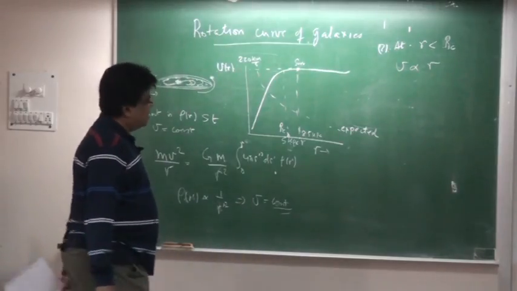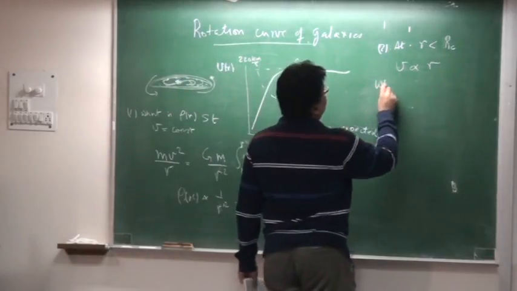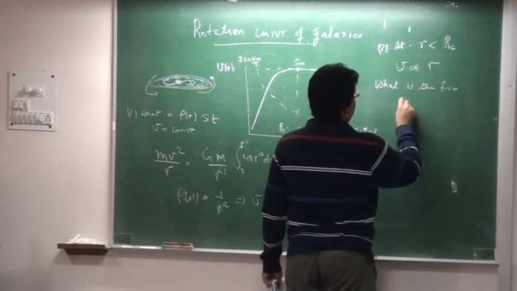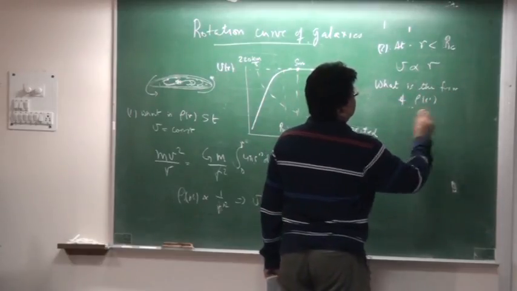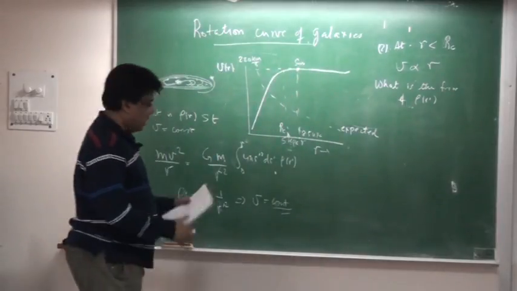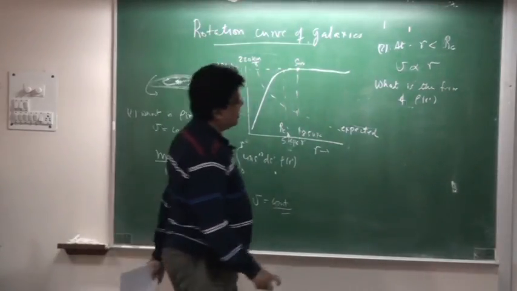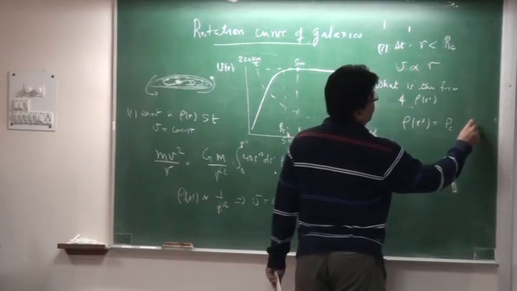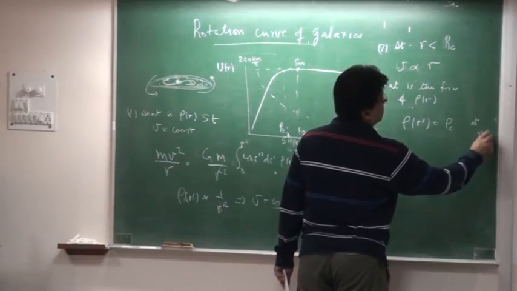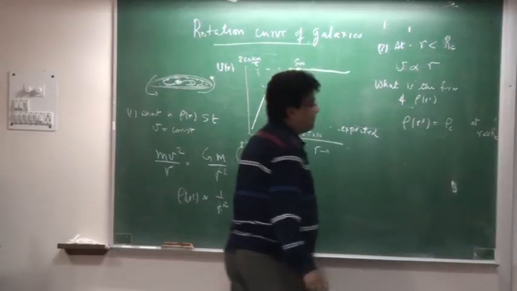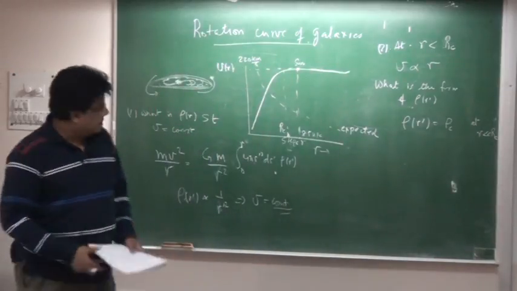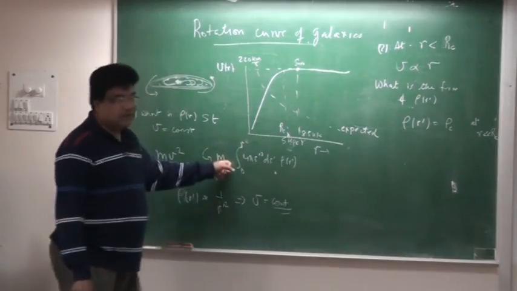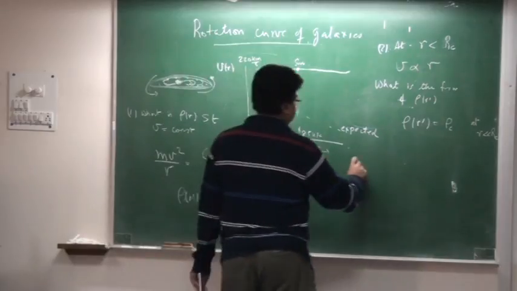Now again in the same equation, what distribution will give you v which is proportional to r? And again you can check that if you take rho of r prime equal to some constant at r smaller compared to rc, okay, if this was a constant, you can write down the same equation with this as a constant, take it out.